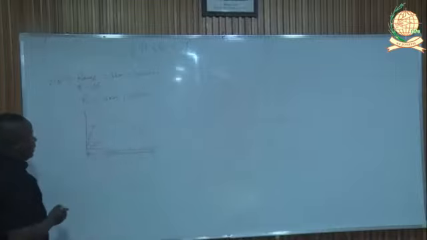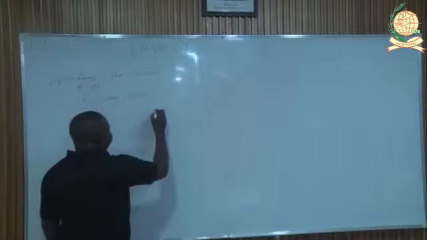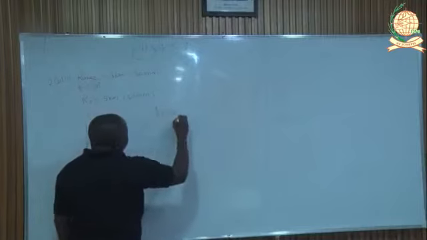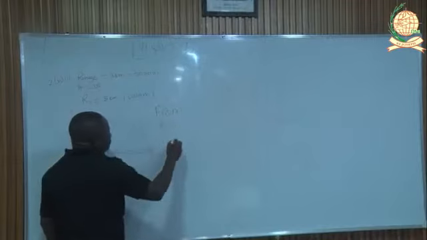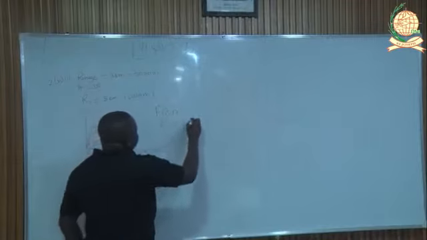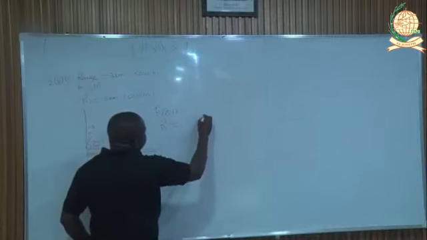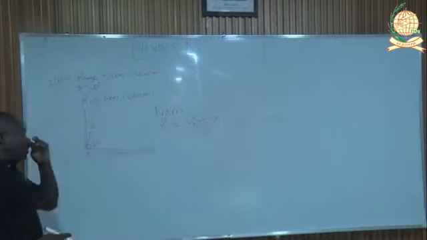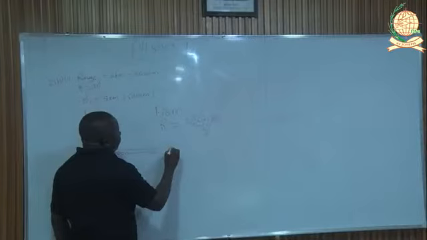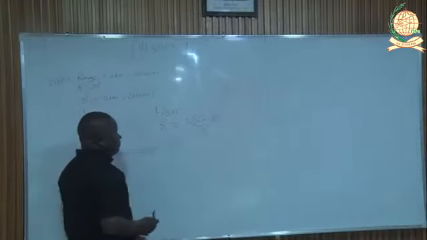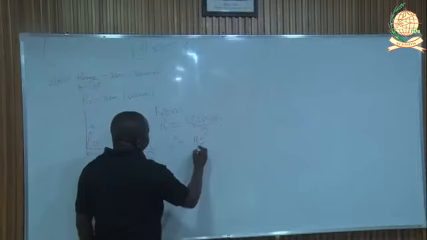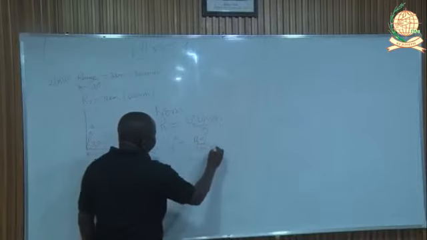Then from range equals v naught square sine of 2 theta over acceleration due to gravity, v naught square is equal to Rg over sine of 2 theta.